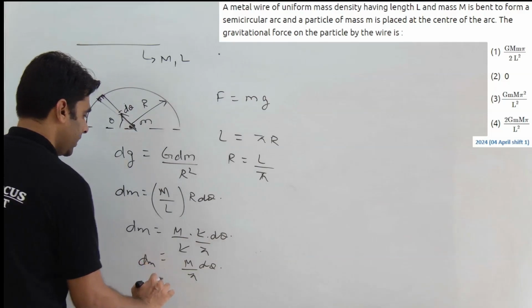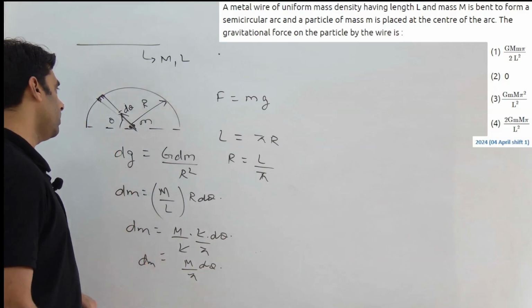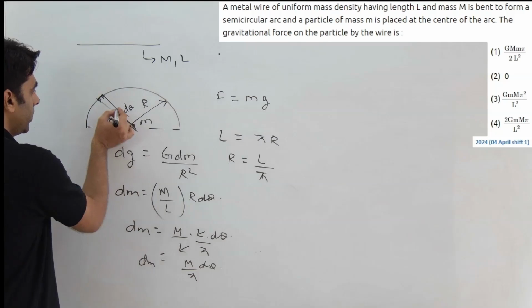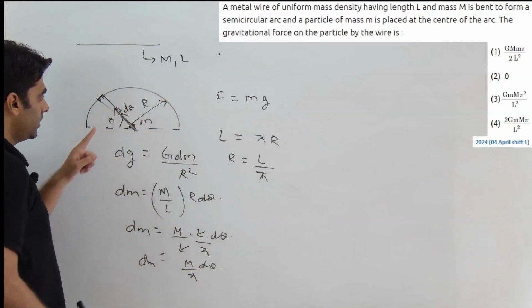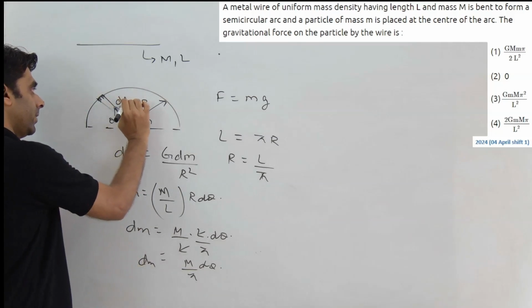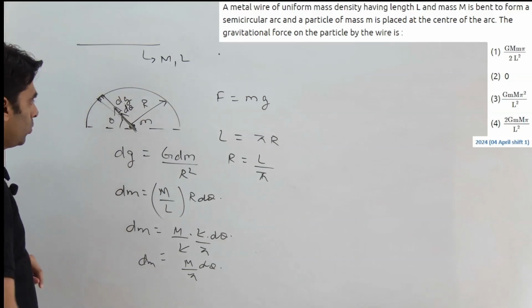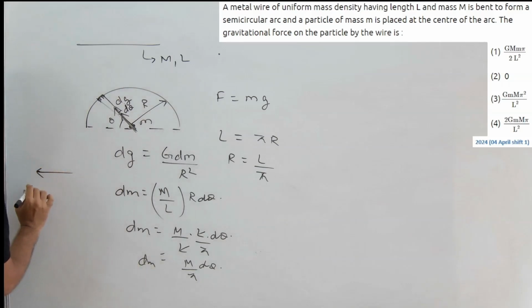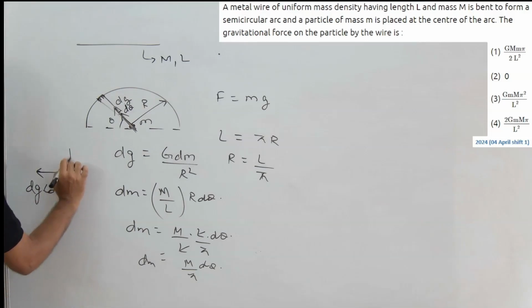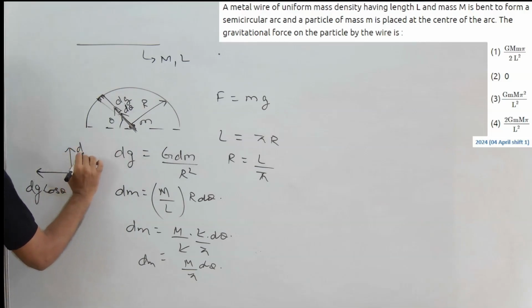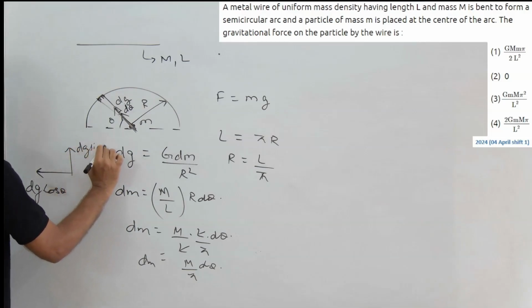This is our dm. Now, one more thing that you need to understand is that this dg will have two components. One will be the horizontal component, which is dg cos theta, and then there will be another vertical component, which will be dg sine theta.